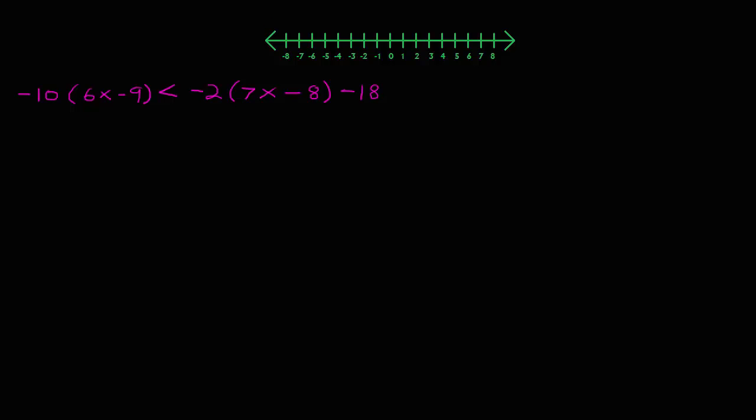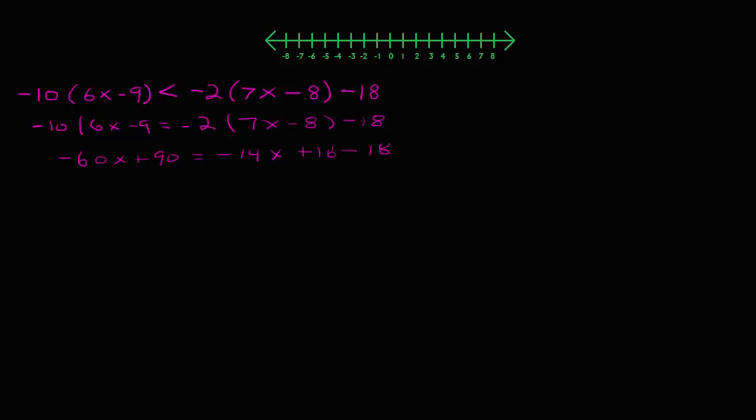Once again, we're going to turn our inequality into an equation. So I've got negative 10 times 6x minus 9 equals negative 2 times 7x minus 8 minus 18. Then we're going to distribute: negative 60x plus 90 equals negative 14x plus 16 minus 18.